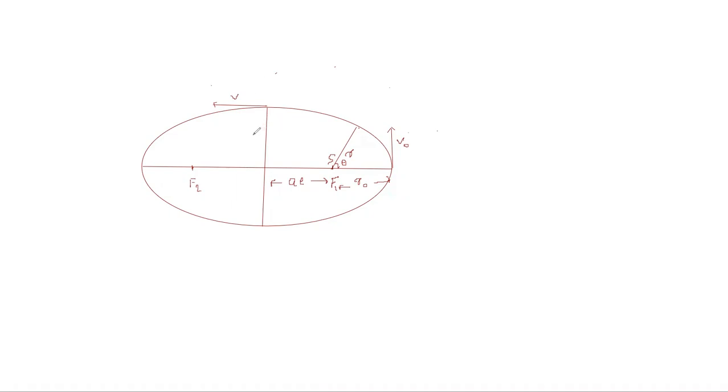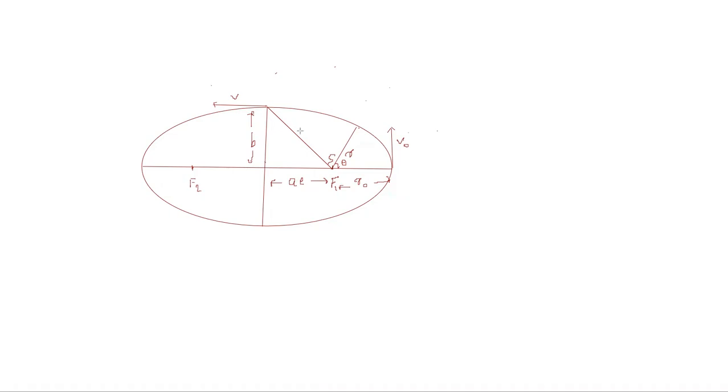Now, this one is semi-minor axis, so this length is b. And we'll join this again by a straight line. So I have joined this. And then this is a right triangle, this angle being 90 degrees.